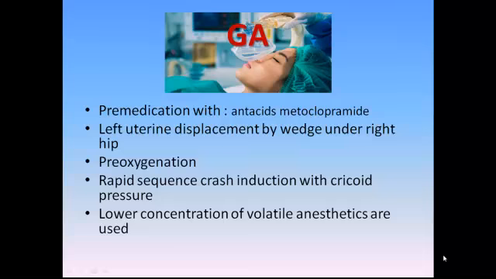Rapid sequence induction with cricoid pressure to avoid aspiration, which is very common during pregnancy, and we should use a lower concentration of volatile anesthetic. Why? Because volatile anesthetics tend to relax the uterus.